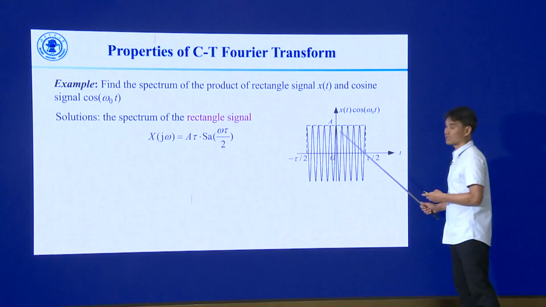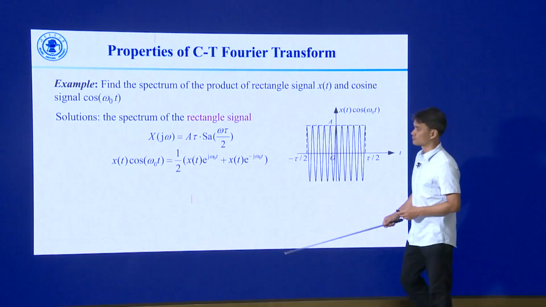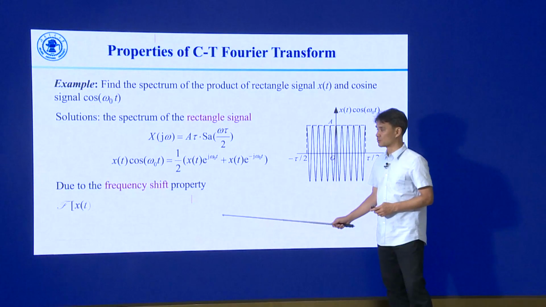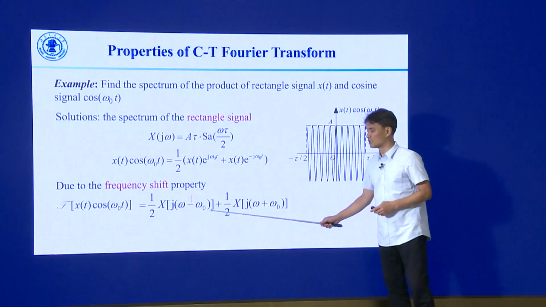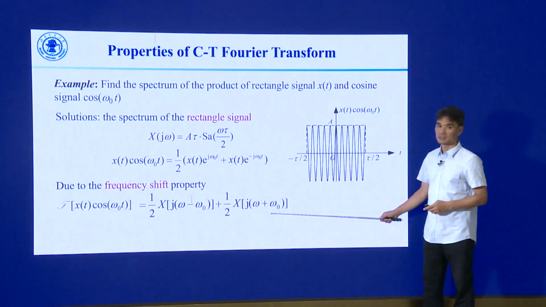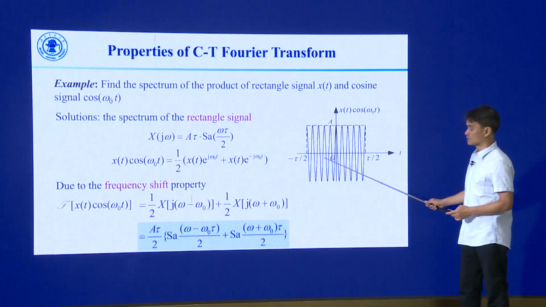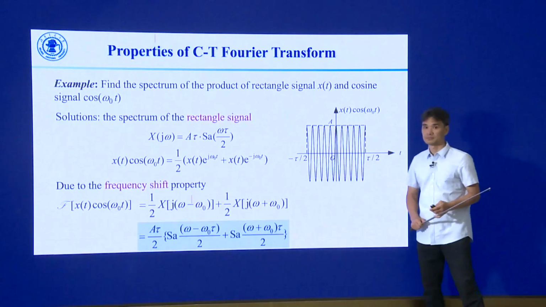And phase shift in the time domain corresponds to frequency shift in the frequency domain. And that is the result, or the frequency spectrum of this product function in here.